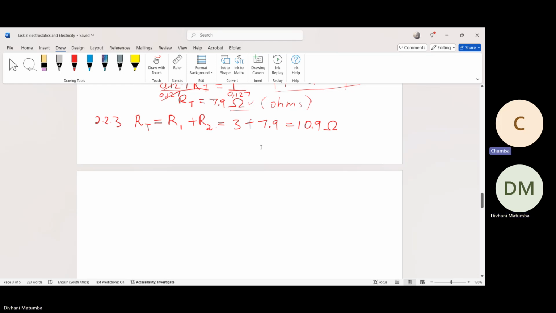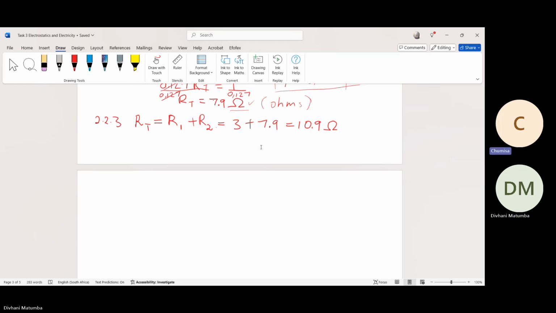It's RT is equal to R1 plus R2. Not R1 plus R2. It's actually 1 over RT is equal to 1 over R1 plus 1 over R2.